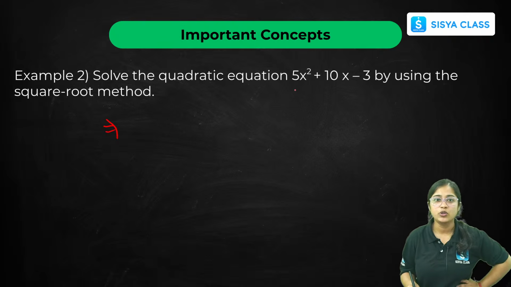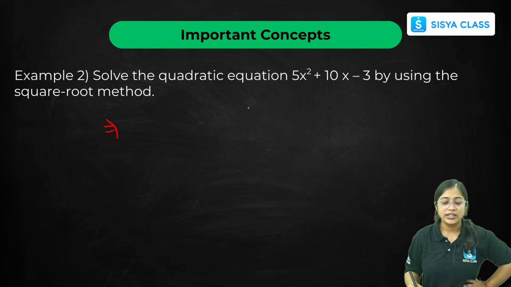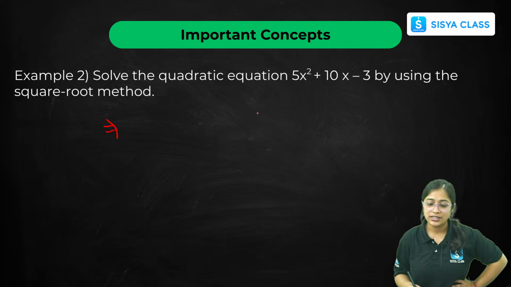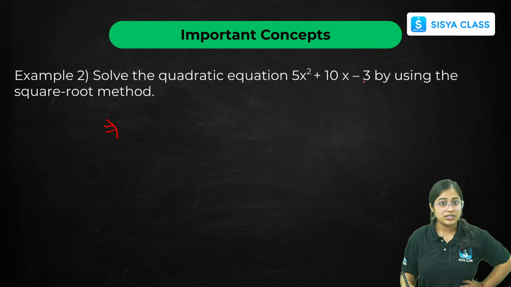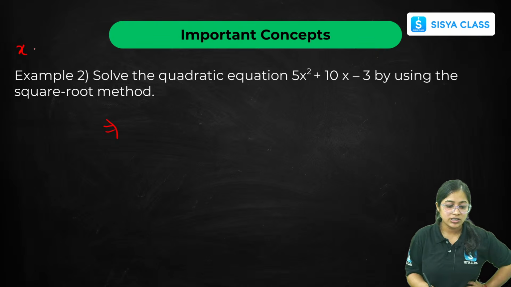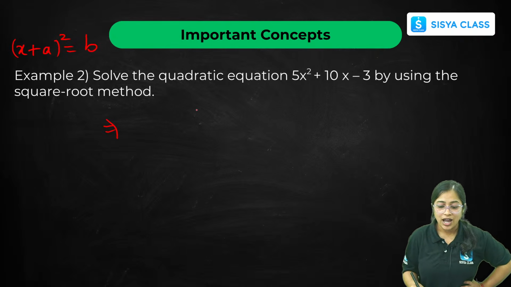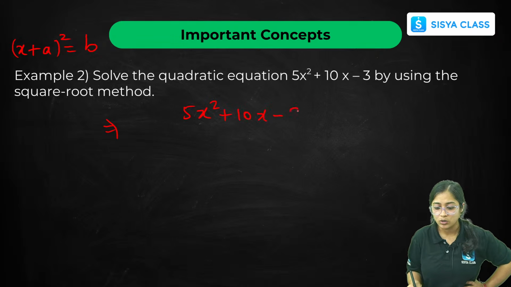So let's suppose you have this quadratic equation 5x square plus 10x minus 3. So what is our first task? To convert our equation into this form, that is x plus a whole square equal to b, right? This is the first task. Now here you have this equation 5x square plus 10x minus 3. Okay.